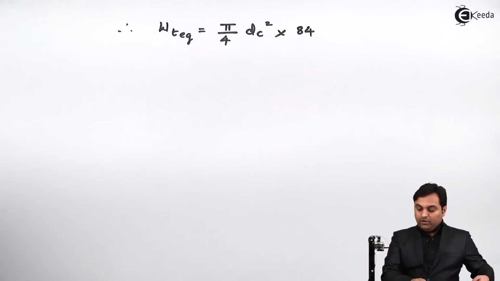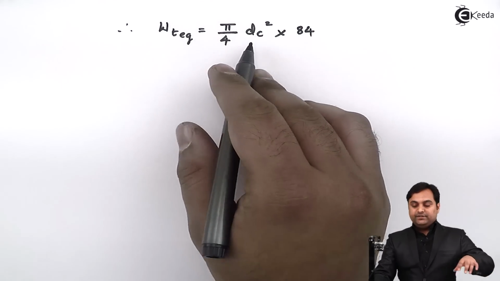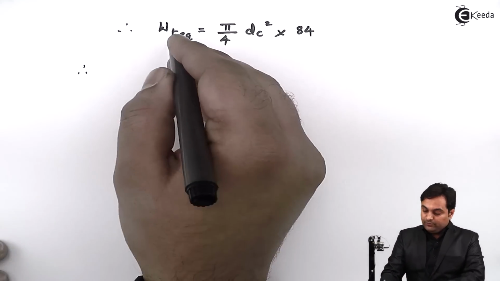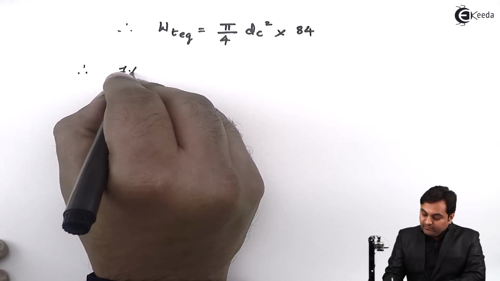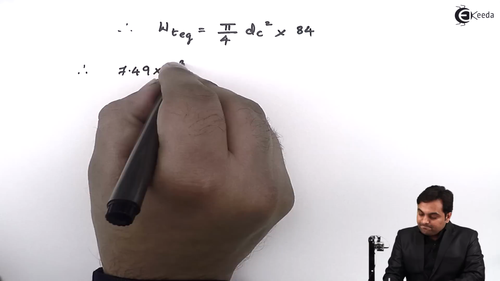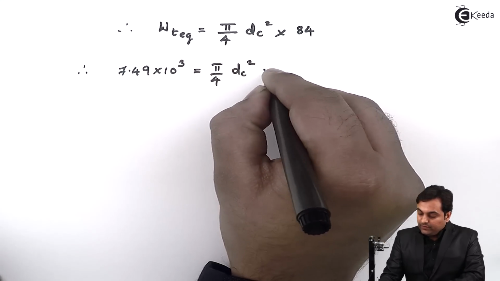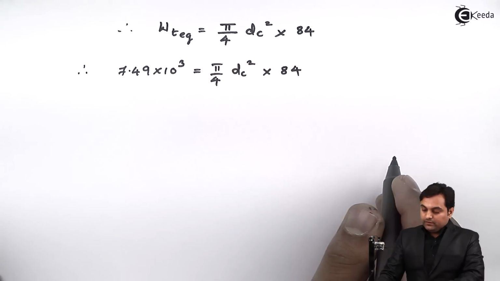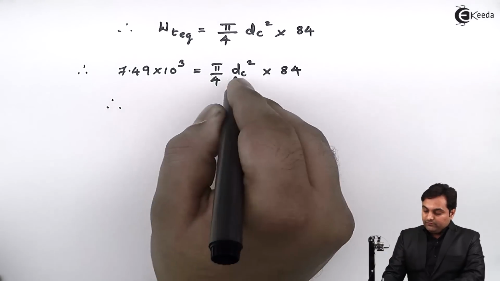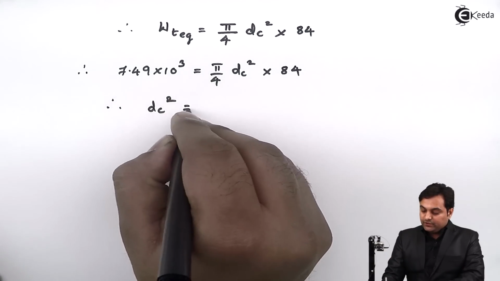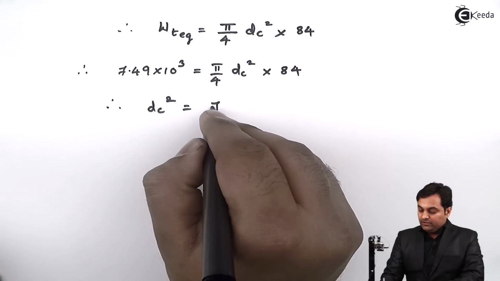Now we need to calculate DC here. So first I'll put the value of WT equivalent, 7.49 into 10 raised to 3 is equal to pi by 4 DC square multiplied by 84. So therefore we want DC, I'll keep DC square on one side, shift all the terms on the other side.